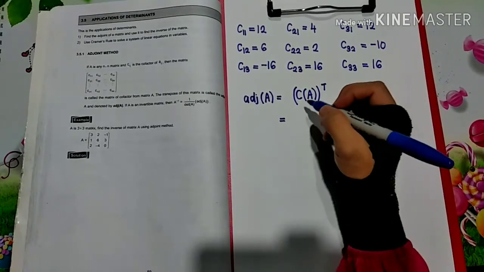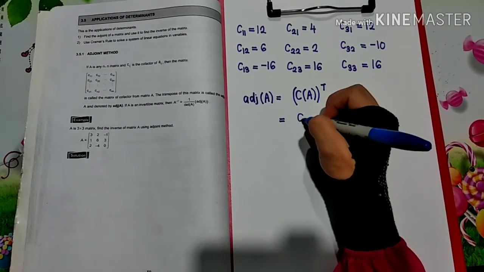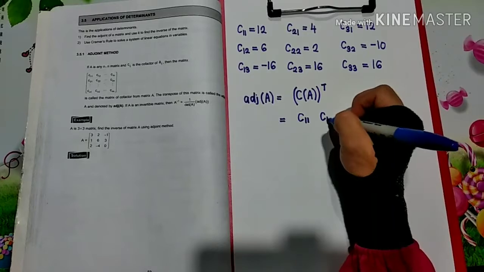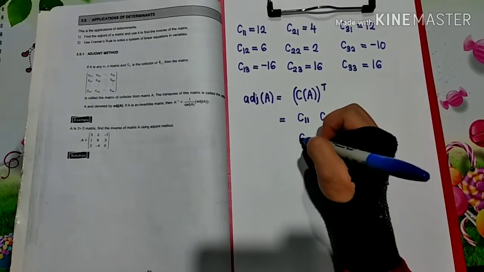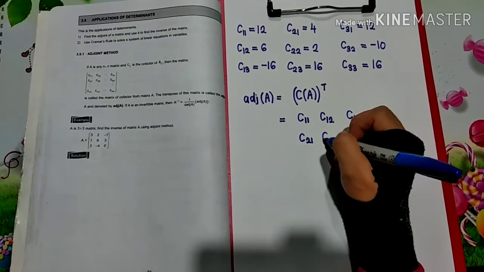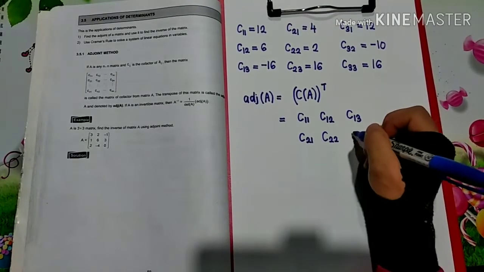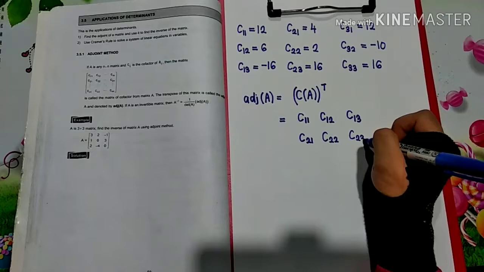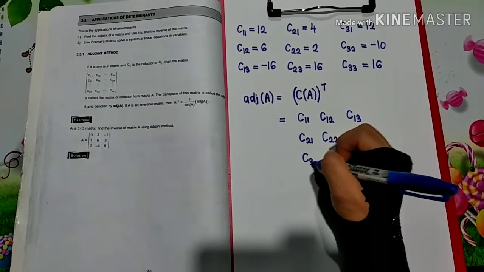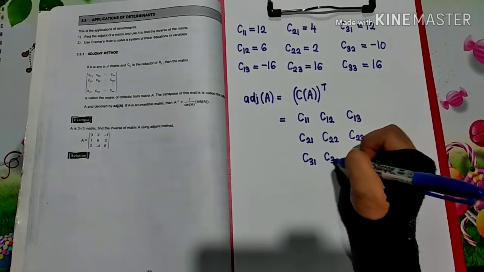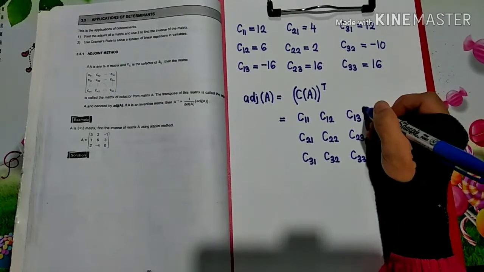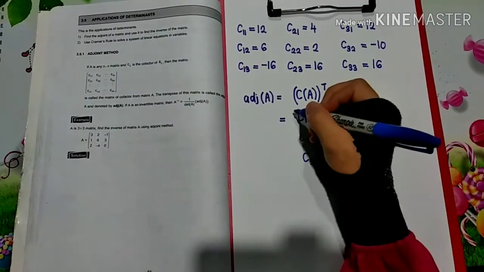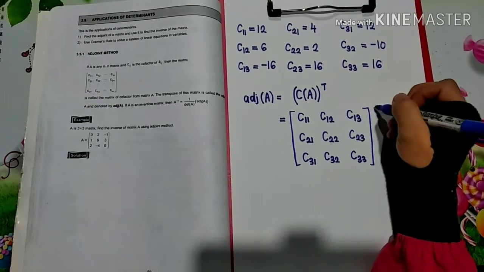So we know just now cofactor of A equal to C11, C12, C13, C21, C22, C23, C31, C32, C33. Okay, then this one we need to transpose it.